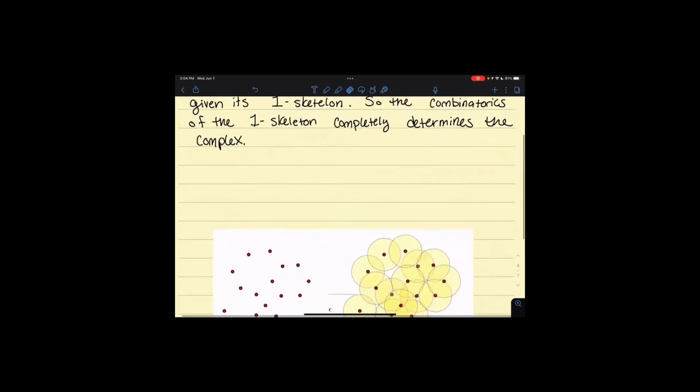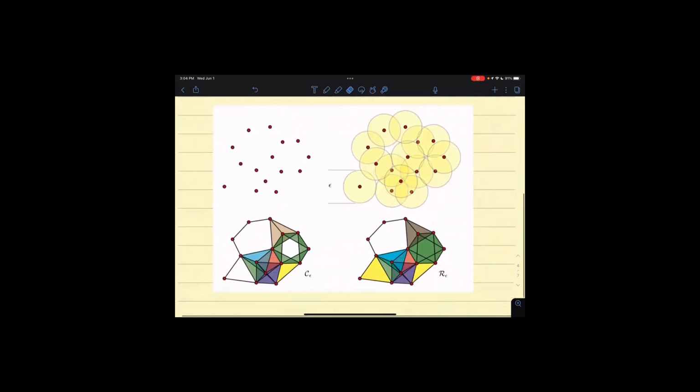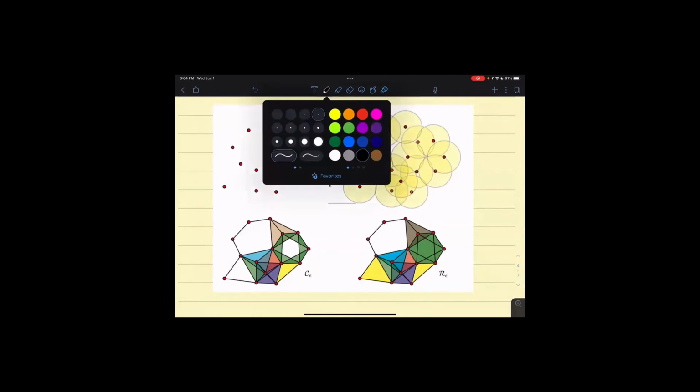And we have a picture to kind of show the difference between the two. So here we have our collection of points in E^n. And here we have the epsilon over 2 neighborhoods of each point, each vertex in our space. And we can see with the Čech complex that if we look here, let's actually get a pin so we can see what we're doing.